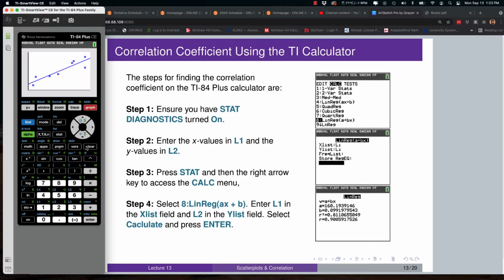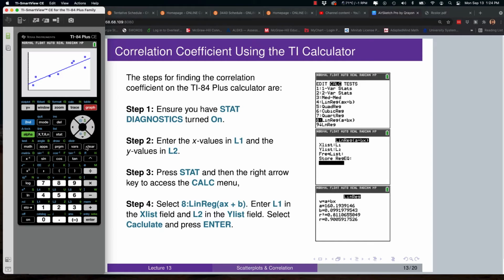This is not to be confused, by the way, with the normal QQ plot, because the normal QQ plot is about assessing normality. A scatter plot is about assessing how strong your linear relationship is between what we call bivariate data, where you have x values and y values on a plane like this.